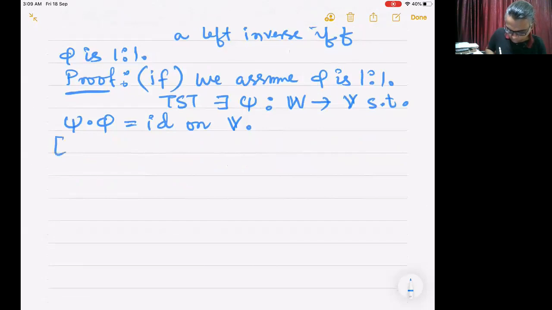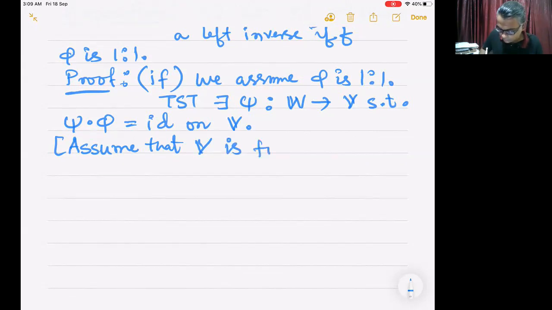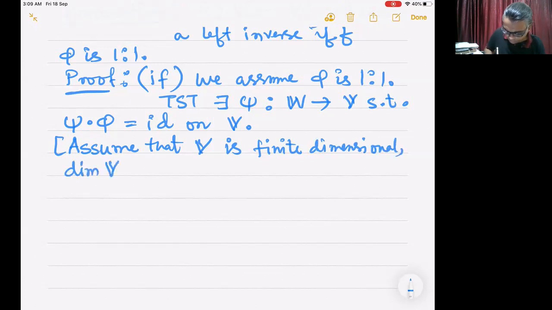Although it doesn't have to be finite dimensional, it makes the proof much easier. That is, dimension of V is equal to n, which is less than infinity.